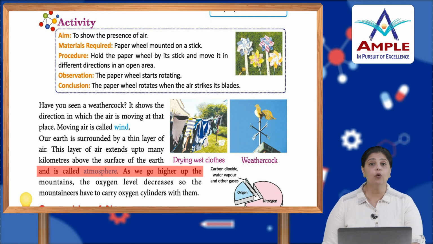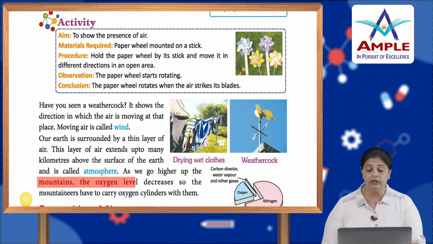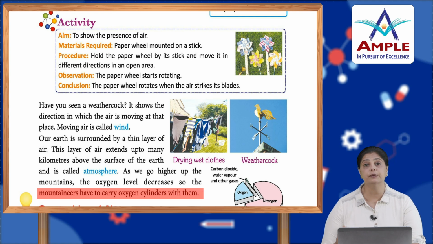As we go higher up the mountains, the oxygen level starts decreasing. So the mountaineers have to carry oxygen cylinders with them. Whenever mountaineers go on expeditions, for example climbing Mount Everest, you will see that they carry oxygen cylinders.